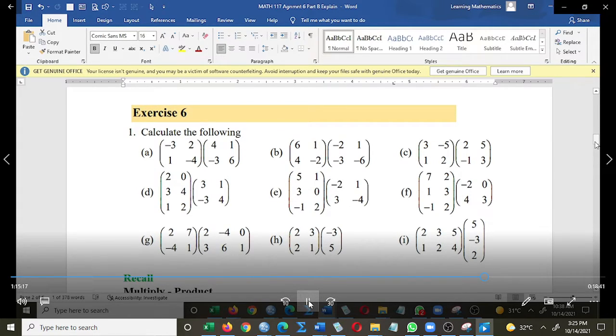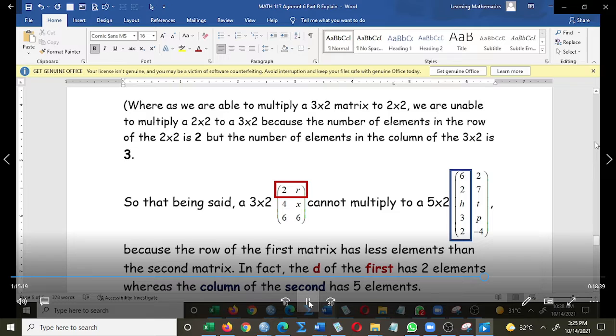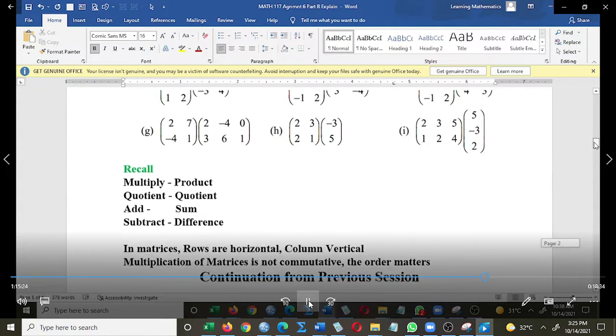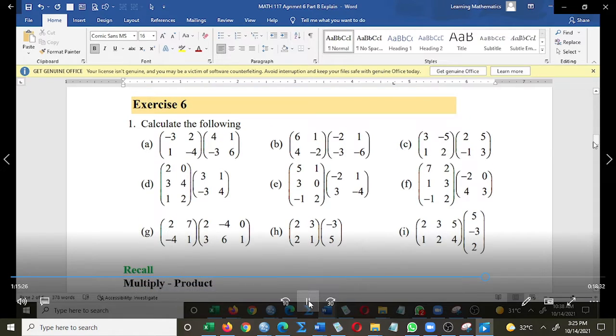So that means looking at G on the assignment, even if you see in matrix size, it would be 2 by 2 to a 2 by 3.